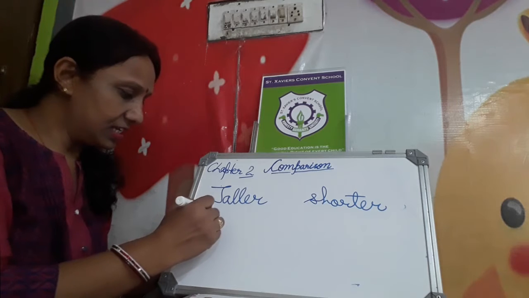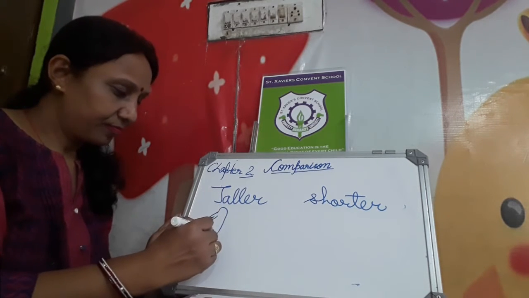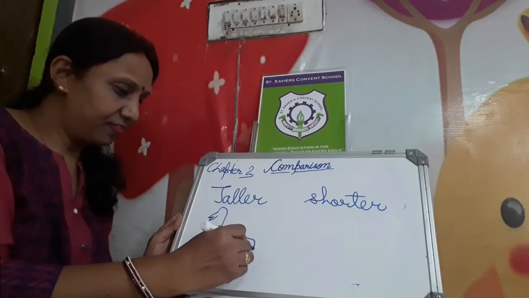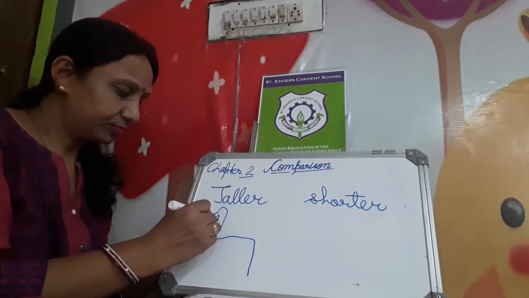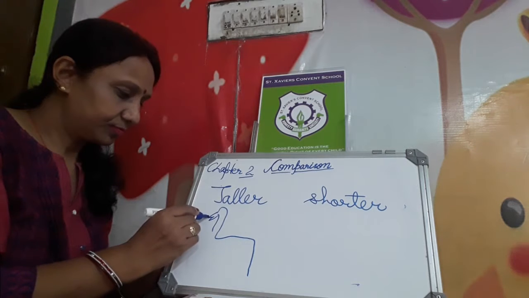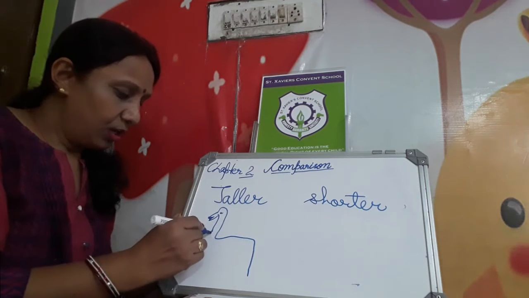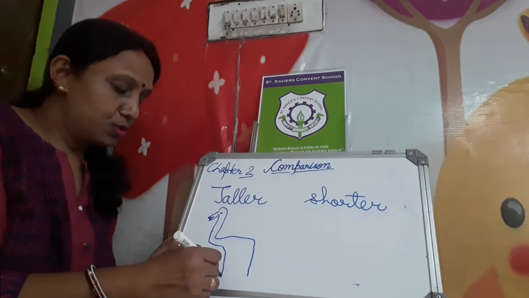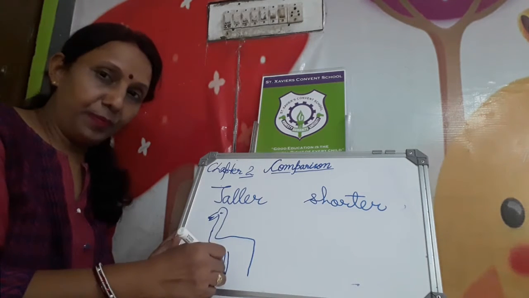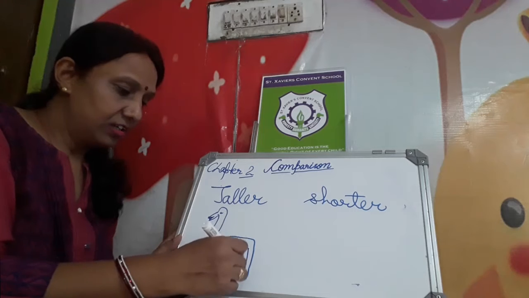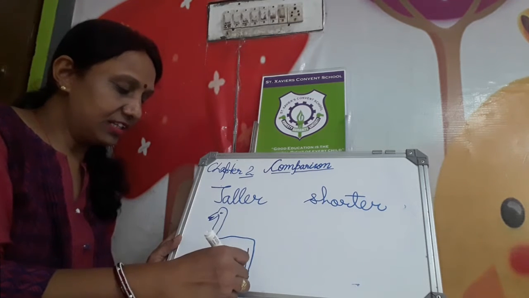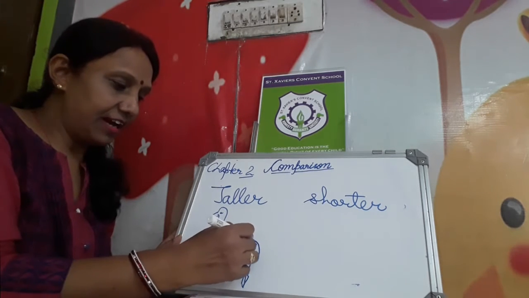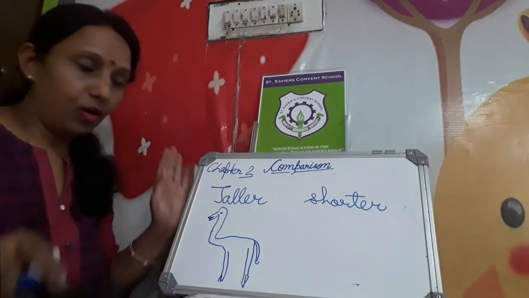Here you can see this giraffe. Now you have seen the giraffe in the zoo also, when you went with your parents or your teacher. What you have seen is that the height of the giraffe is very long.